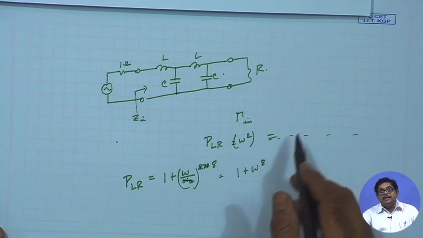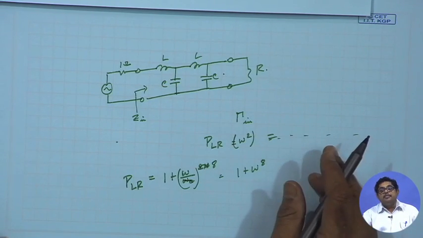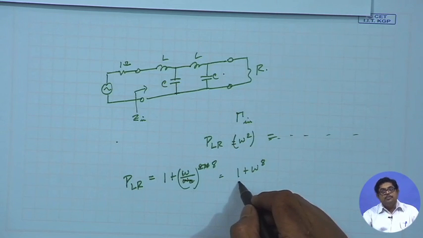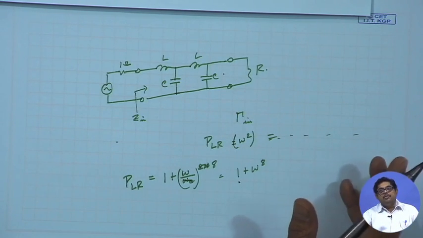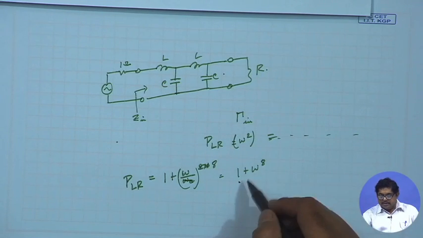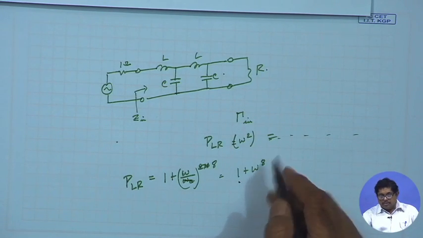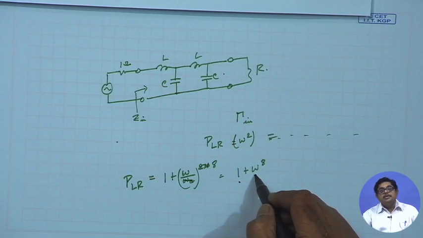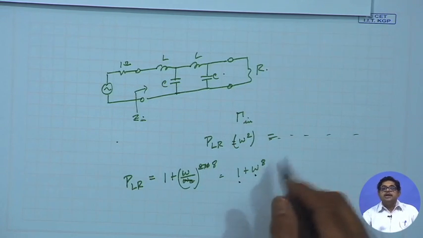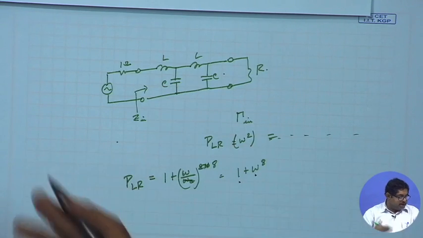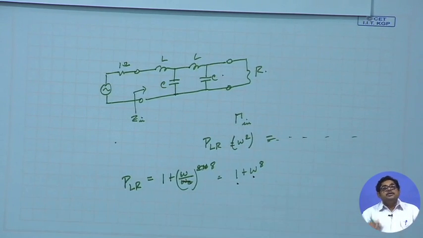You will see that the non-omega term, the DC term, should be 1, the omega square to omega to the power 6 terms will be 0, and the coefficient of the omega 8 term should be 1.